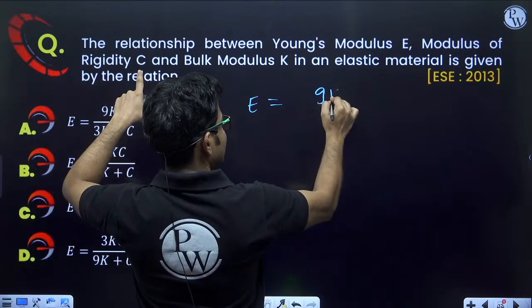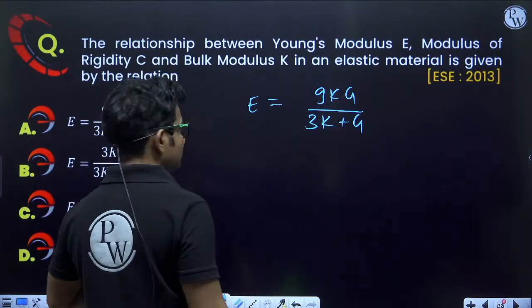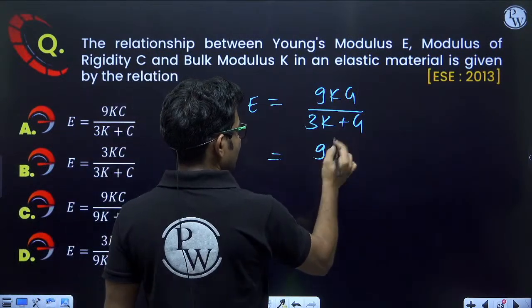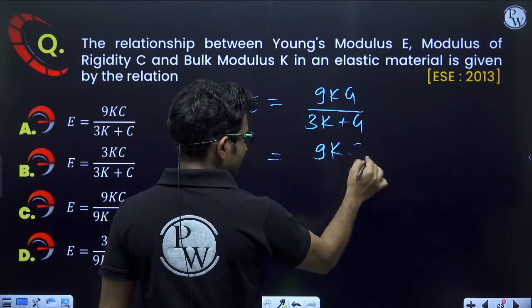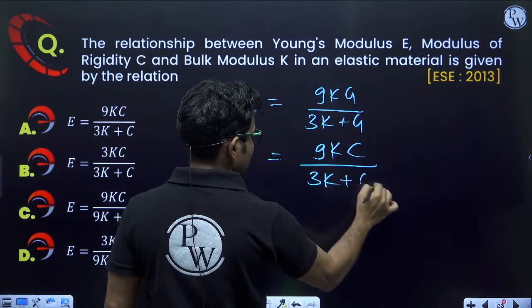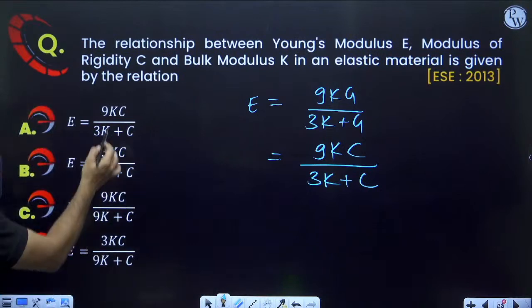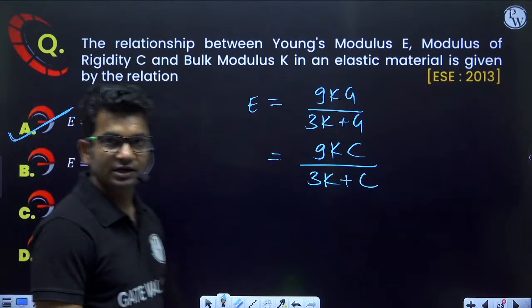So E = 9KG upon 3K plus G. This is the relationship. Okay. So according to the notations given in this question, we will be getting 9KC upon 3K plus C. Correct answer will be option A. Option A is the correct answer.